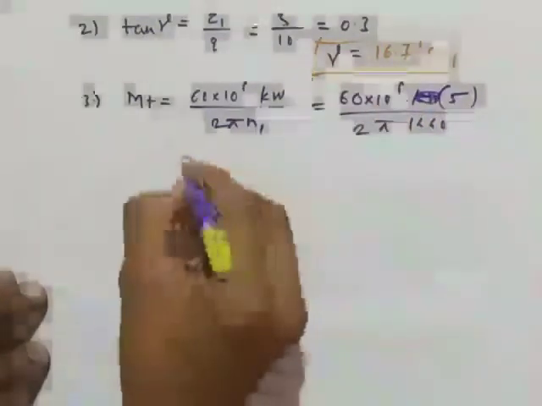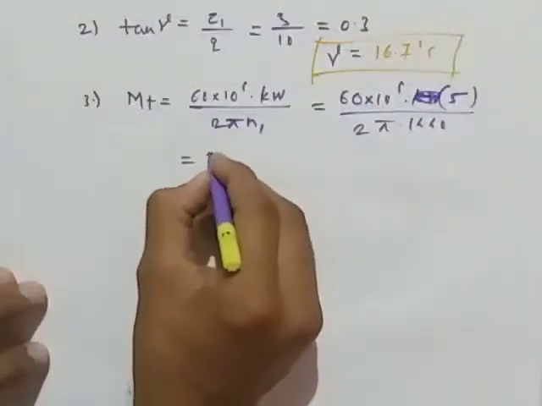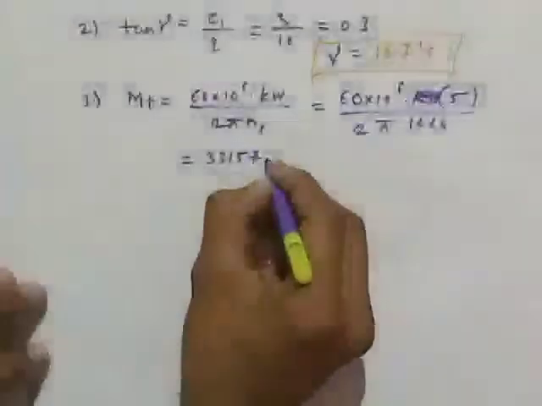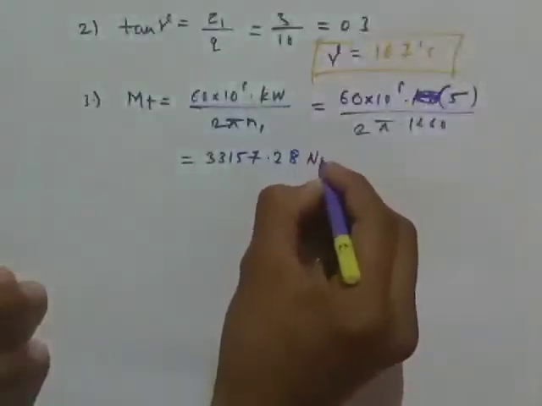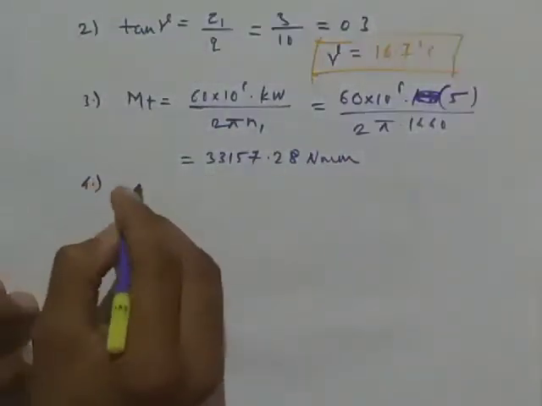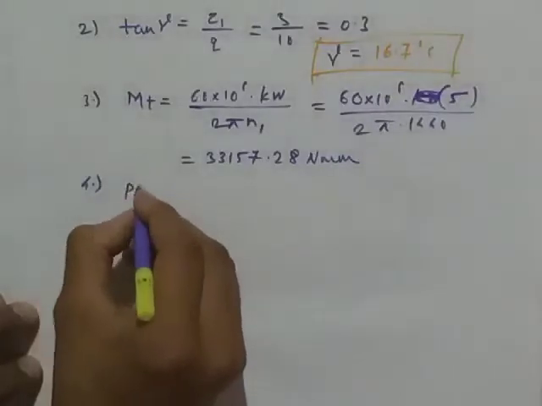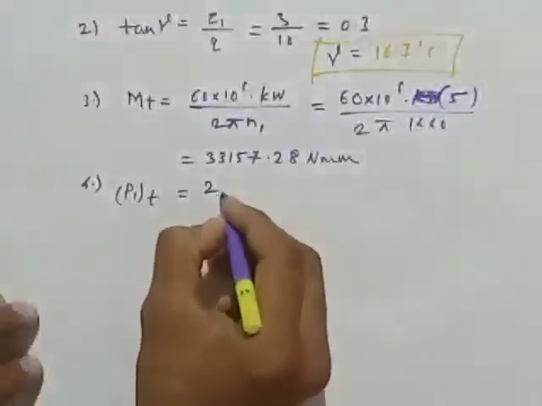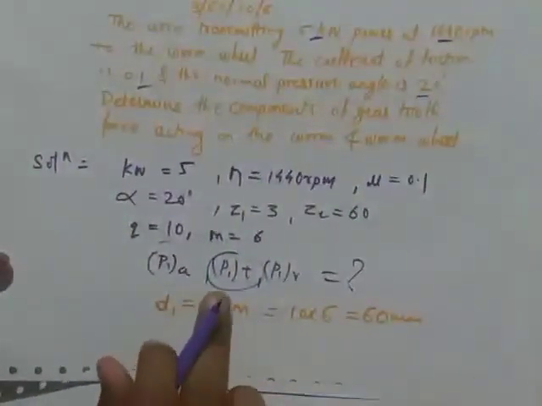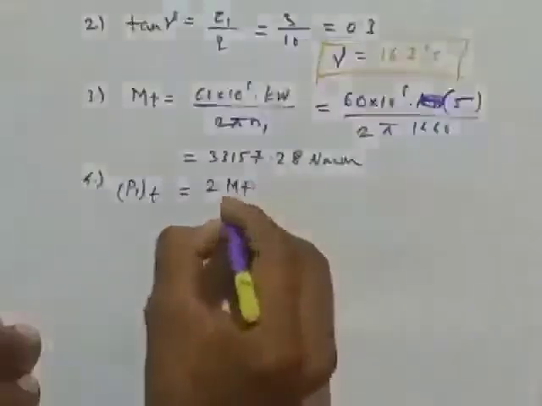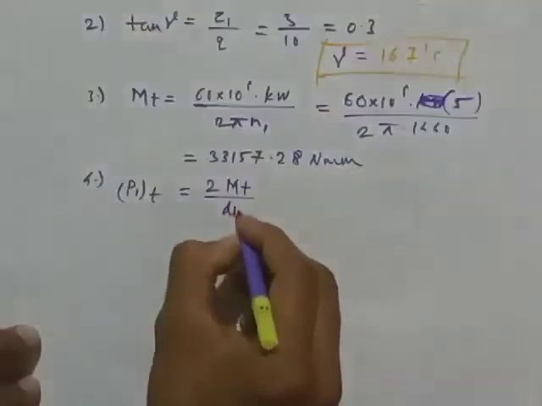When you resolve this, you get Mt as 133,157.28 Newton mm. Next, the fourth formula to use is for P1T. The first target is to find P1T, which will be equal to twice Mt upon d1.